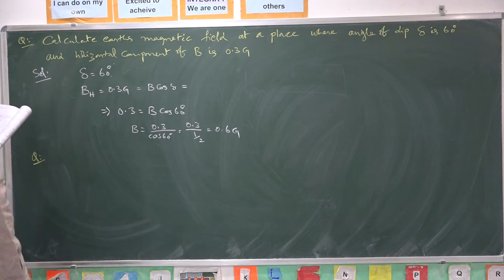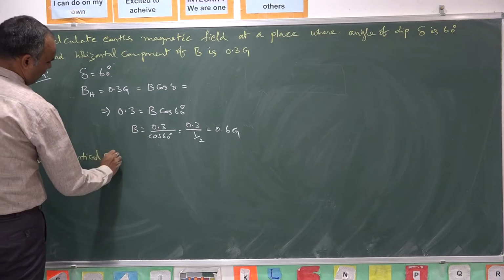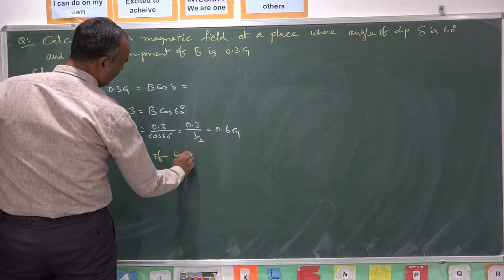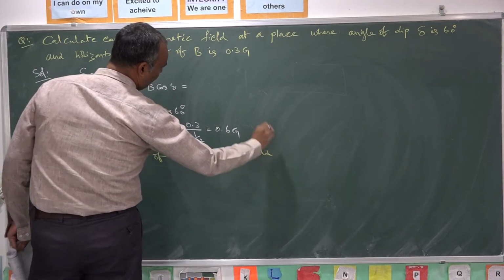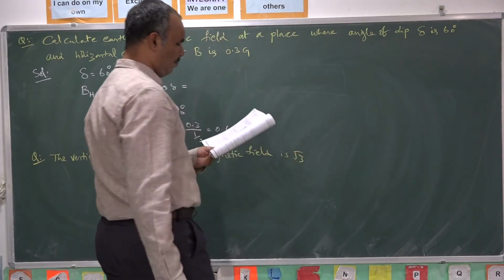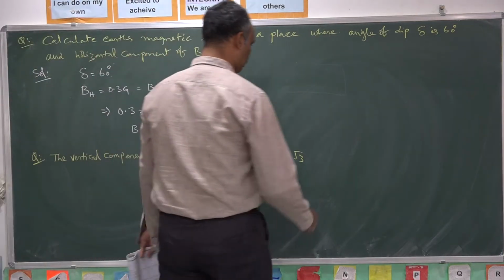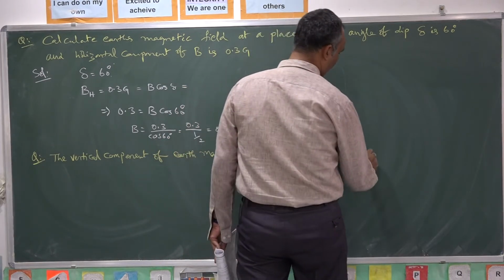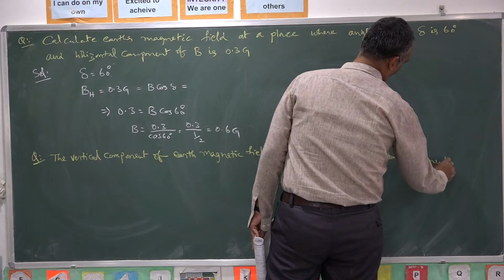The vertical component of Earth's magnetic field is root 3 times the horizontal component.